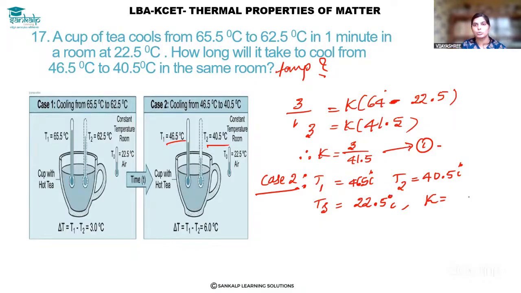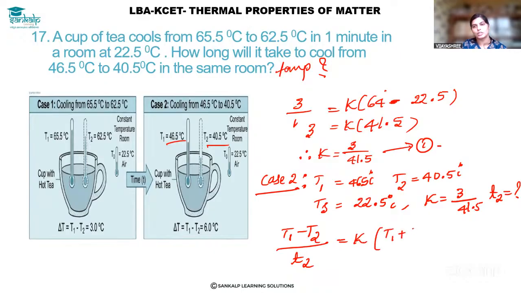K is 3 by 41.5. The time t2 is the question mark. Apply Newton's law of cooling for the second case: T1 minus T2 divided by small t2 is equal to K into the average of T1 plus T2 divided by 2, minus Ts.